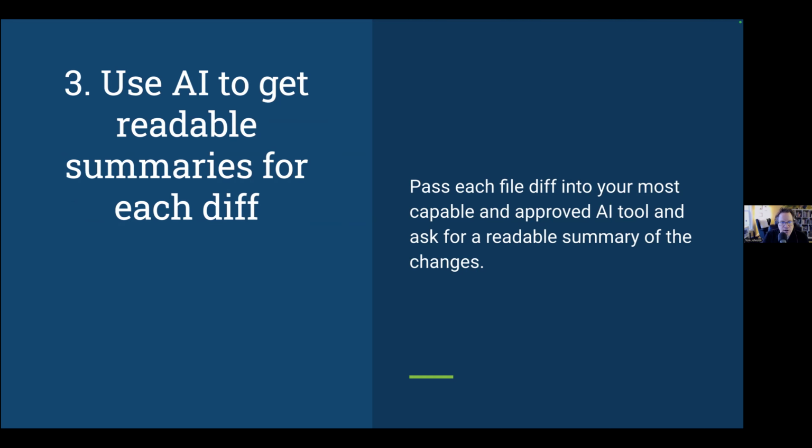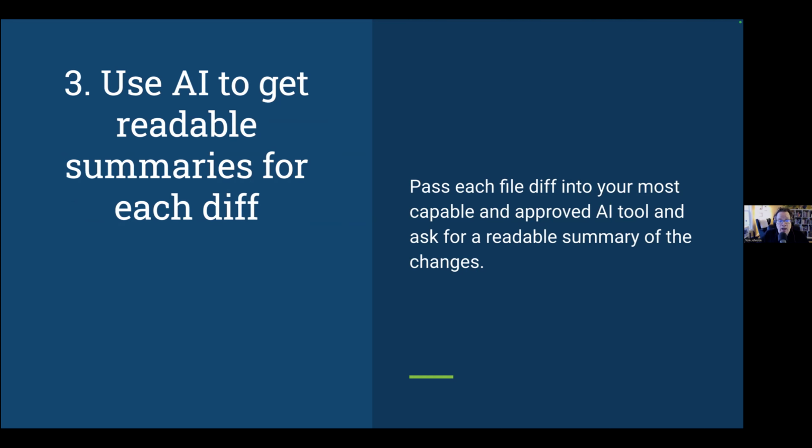You just copy and paste it into your favorite AI tool that you're allowed to use. Any of these modern AI tools, from Gemini, Claude, ChatGPT, and many others that are capable.